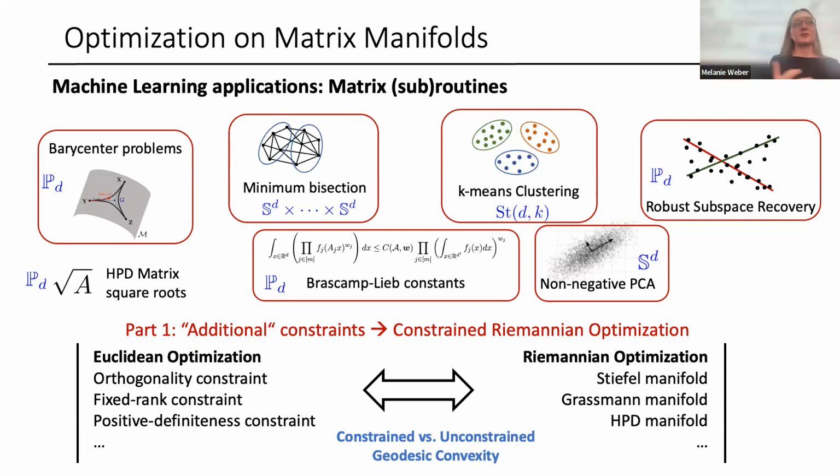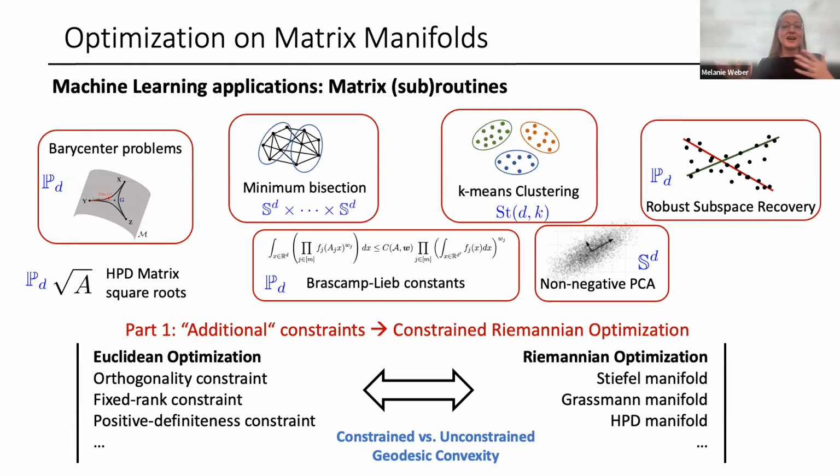This could be a bound on the norm of the matrix or the determinant, or inequality or equality constraints. As you see in the boxes on the slide, in a lot of applications, especially in the machine learning context, we have these additional constraints. So just working with a classic extension of an unconstrained optimization algorithm is often not enough in these settings, and we need algorithms that can actually handle constraints.